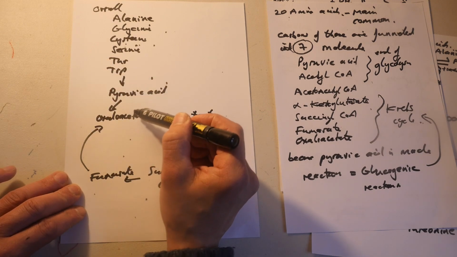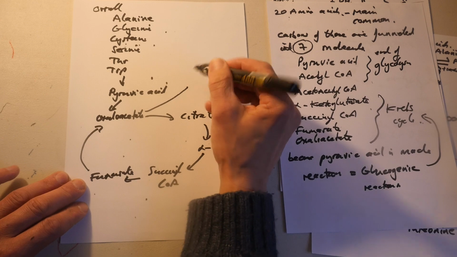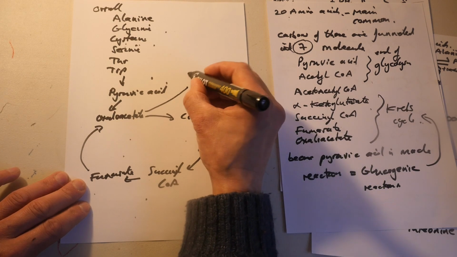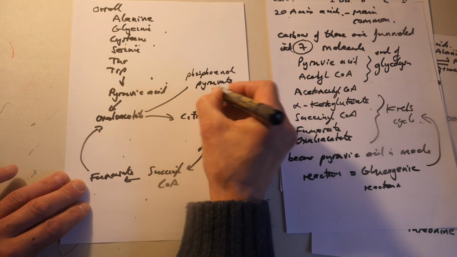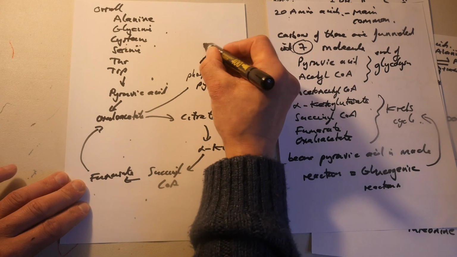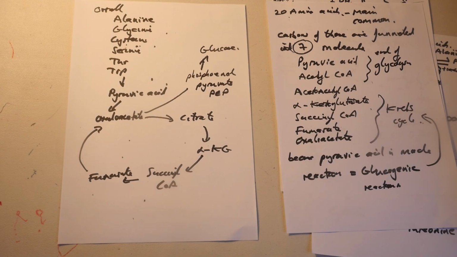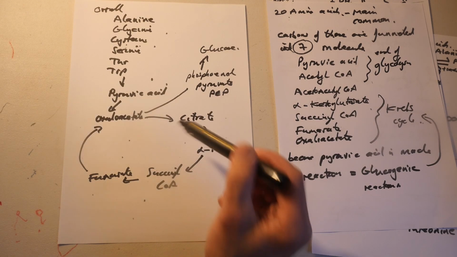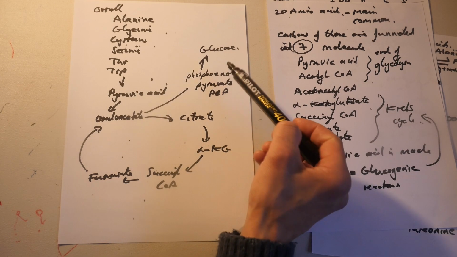But from oxaloacetate, that can lead to phosphoenolpyruvate, which can lead to glucose. So the net synthesis from alanine happens because these Krebs cycle intermediates can be made into phosphoenolpyruvate.